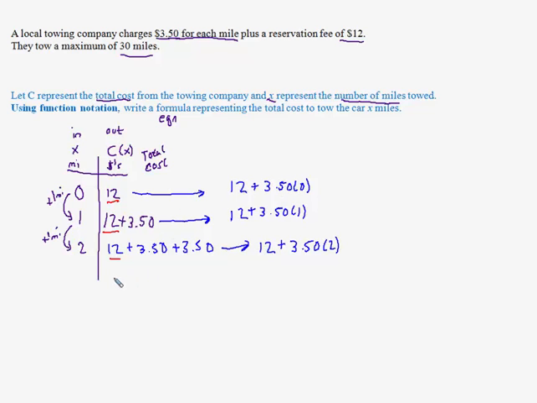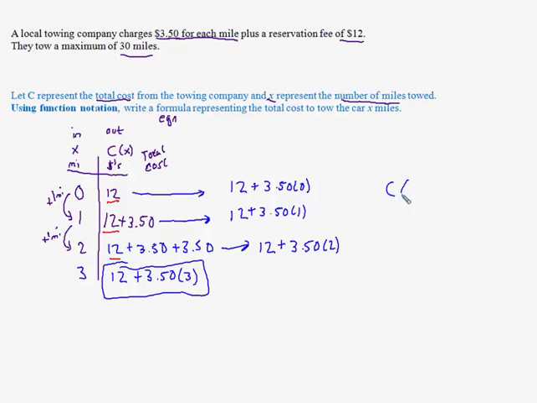Well, this continues on. I mean, if you are towed 3 miles, then the flat fee is 12, and then you pay 350 for every mile, and in this case, the number of miles is 3. So when you go to write your equation, I'm feeling that we probably just train our students to use y equals mx plus b, but you could say this, c of x, this is my c of x here, right?